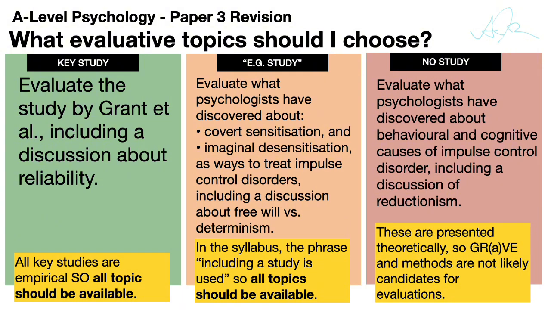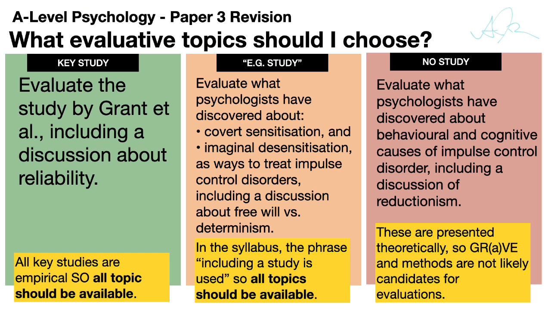But what if they give us a topic that was presented theoretically? For example, evaluate what psychologists have discovered about behavioral and cognitive causes of impulse control disorders. If you go to the syllabus, there is nothing there for behavioral other than the phrase positive reinforcement. And there is nothing there for cognitive other than feeling state theory, which is nice because it is written by an author, but it's not really purely empirical research.